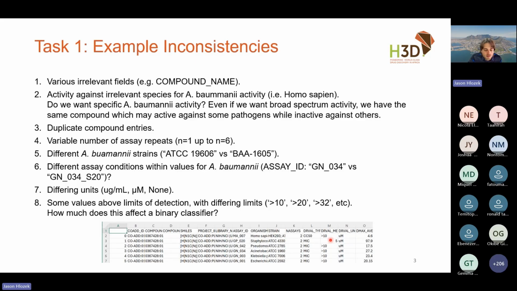So if what I'm defining as an active or inactive is, say, at a 20 micromolar cutoff, that's suddenly really important. Whereas for the compounds that are above 32, if what I consider experimental active is less than 20, then that's fine, because no matter what it is above 32, it's always going to be inactive. So again, here you need to think about, what does this mean? If I'm really not sure, this compound could be 11 or 12 or 13, introducing a lot of noise, do I need to remove those compounds because I can't be sure what they actually are?